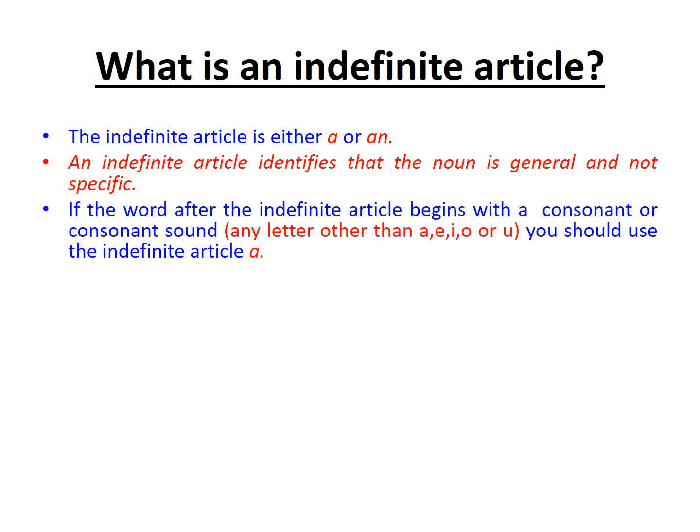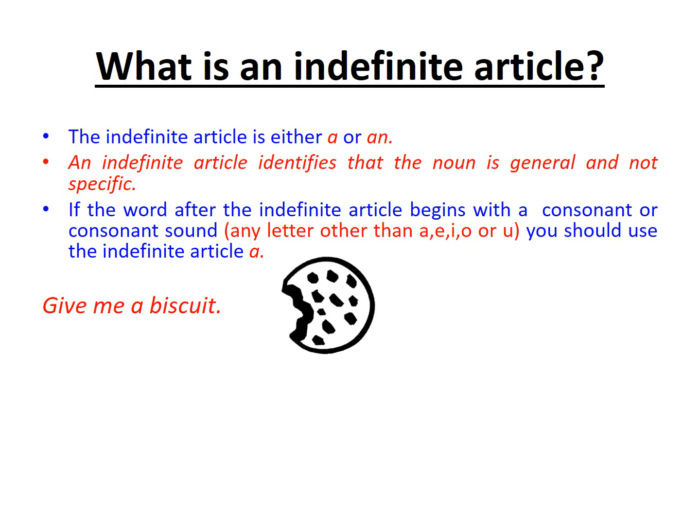So for example, give me a biscuit. Right, well straight away that's an indefinite article because a biscuit could be this, or it could be that. But most importantly, you'll notice that if I say give me a biscuit, biscuit begins with a B. That's a consonant. And so I use the indefinite article a because that's the right process.